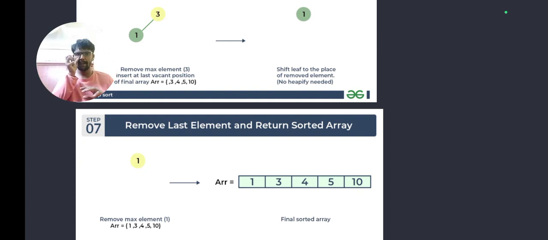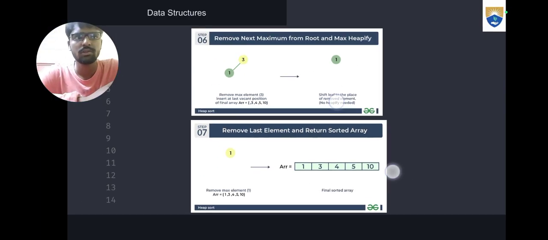Or I can pop it and stack it, like a stack data structure. I'm going to store it in and get the ascending order at the end of the day. So this is what the author has done.